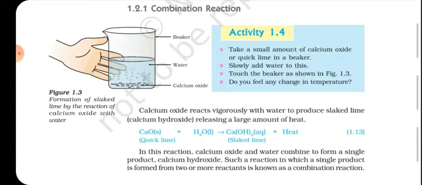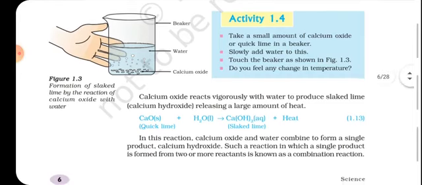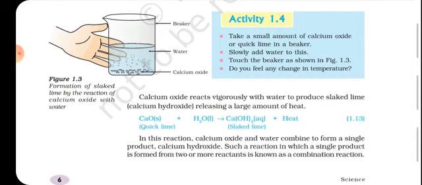Students, the word itself explains what a combination reaction is. Calcium oxide reacts vigorously with water to produce slaked lime. If we have two elements or two molecules, two reactants, and they combine to form one single product, that is known as a combination reaction.